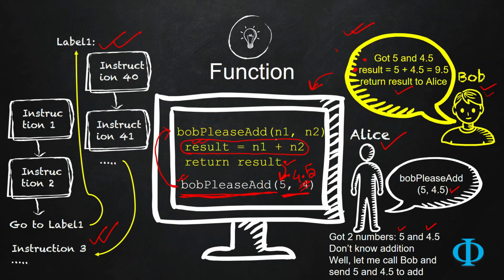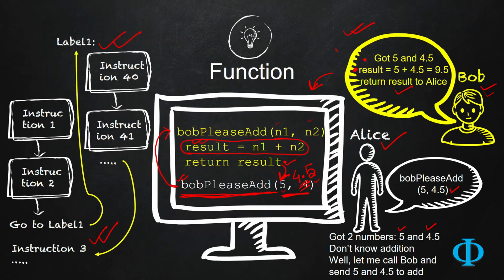Just notice this part. Inside the parentheses, I have written two names, n1 and n2. This is simply like when you are passing these actual values somewhere, you have to store them in some form of variable names, right? This is exactly what happened when you call Bob. Whenever you are saying, "Bob, please add 5 and 4.5," Bob basically stores the numbers in his brain somewhere.